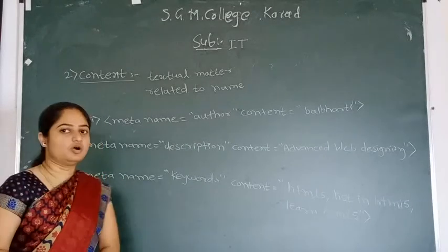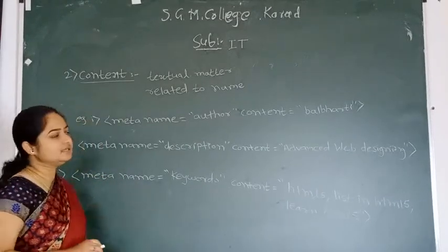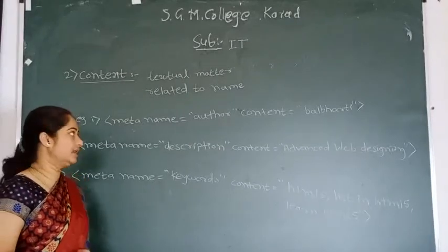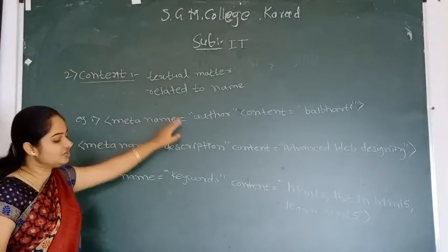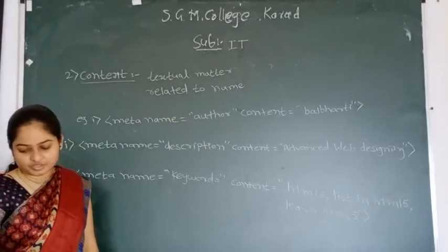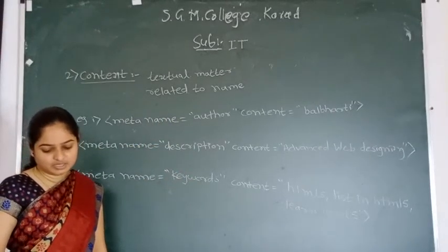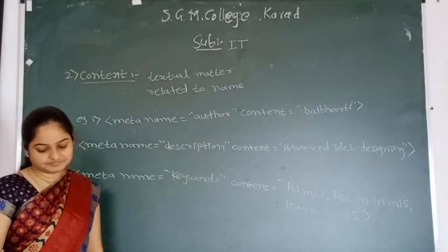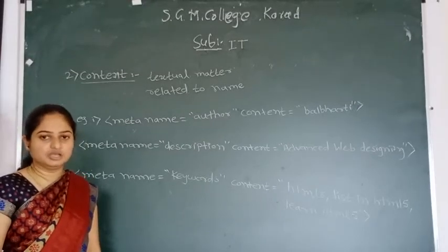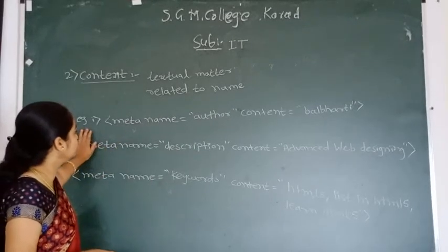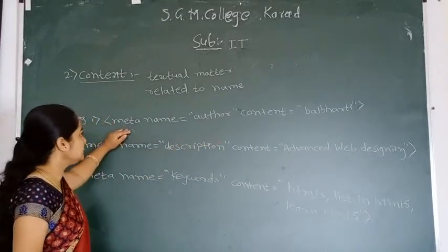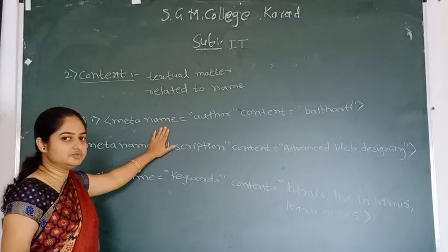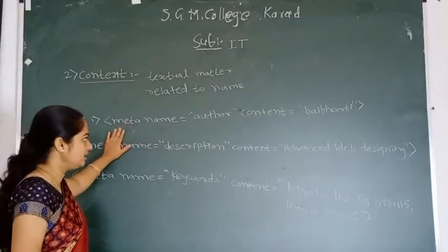Content is an attribute of the meta tag. It can be used for textual matter related to the name. For example, first is meta name is equal to author. Meta is a tag, name is an attribute of a meta tag.